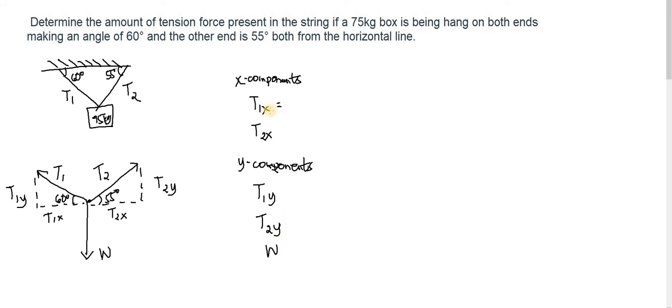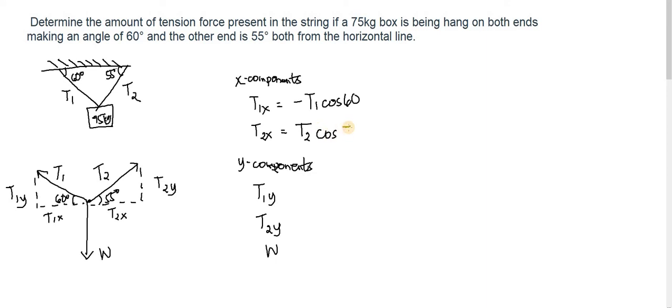Let's have the values. T1 sub X is negative T1 cosine of 60 degrees. For T2 sub X, we have T2 cosine of 55, positive because it's towards east.